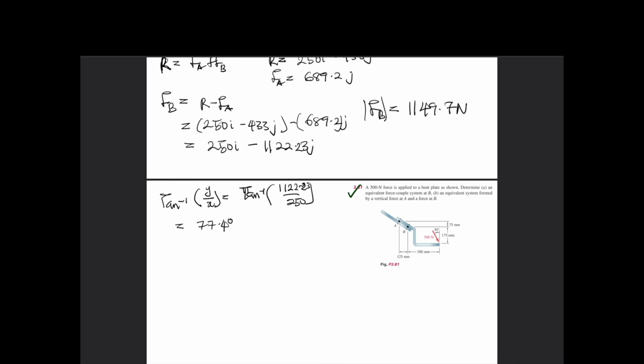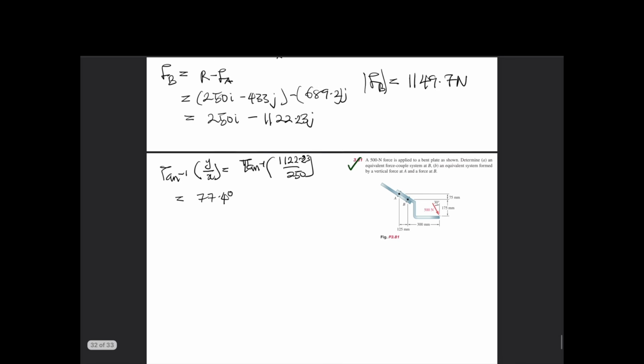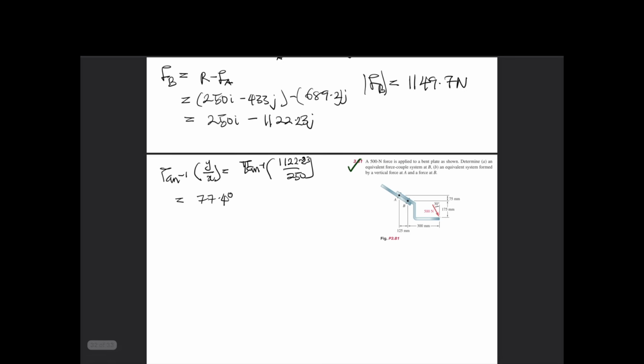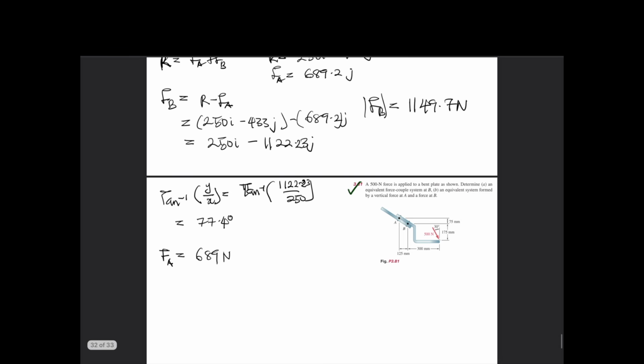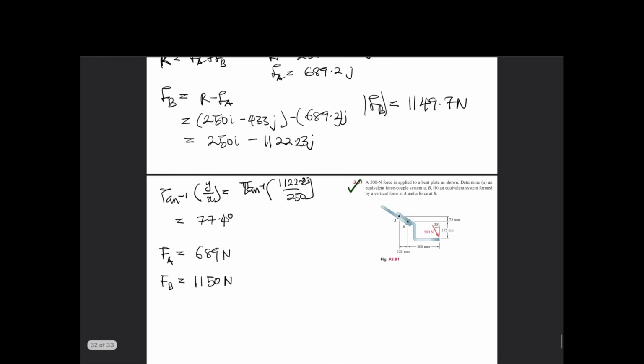77.4 degrees. So to summarize our answer, if you are to replace with an equivalent system formed by a vertical force at A and a force at B, the vertical force at A, which you can write as FA, will simply be 689 Newton in magnitude, and our FB will be 1150 Newton, in the direction of 77.4 degrees.